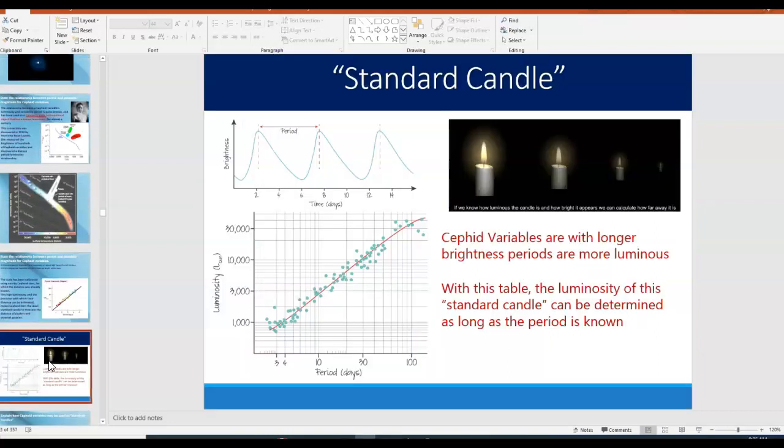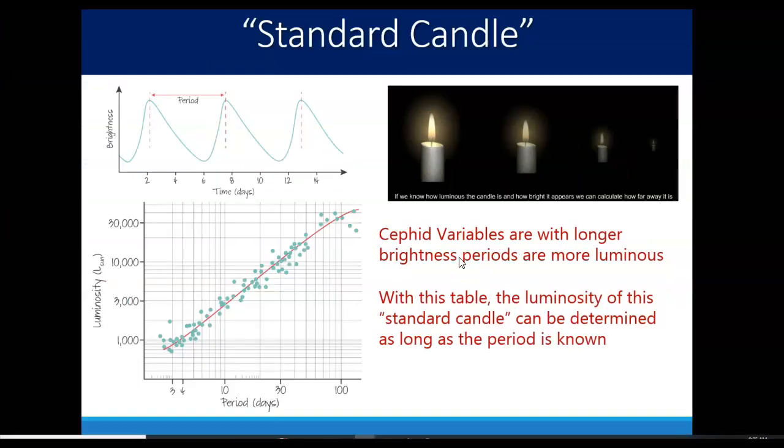So, going on, standard candle, we talked about this before. It says Cepheid variables with longer brightness periods are more luminous. With this table that's been made over many years of observations, a lot of people took painstaking measurements decades ago to figure out this type of relationship. By just observing one single star and noticing how its luminosity changes over days or weeks, we can use this chart that's been created over many decades to figure out the relative luminosity.